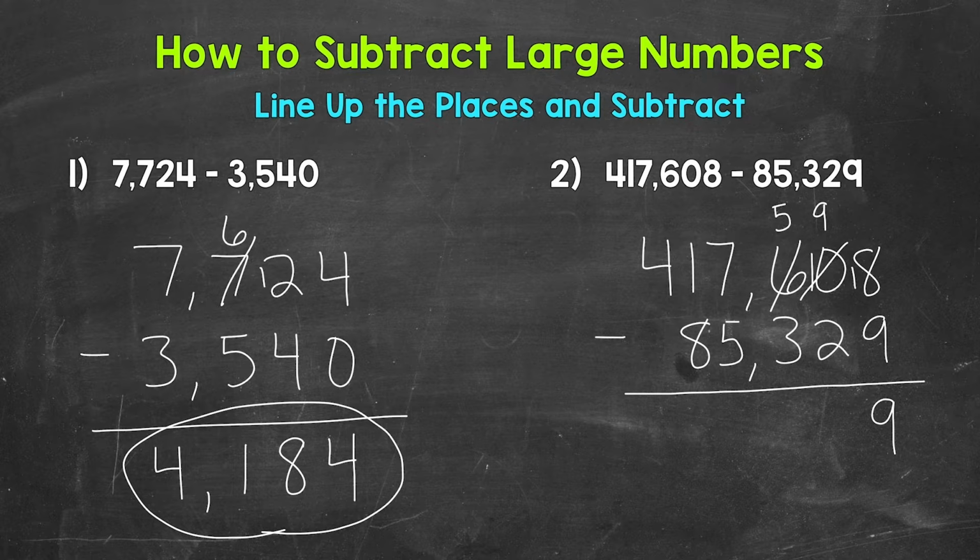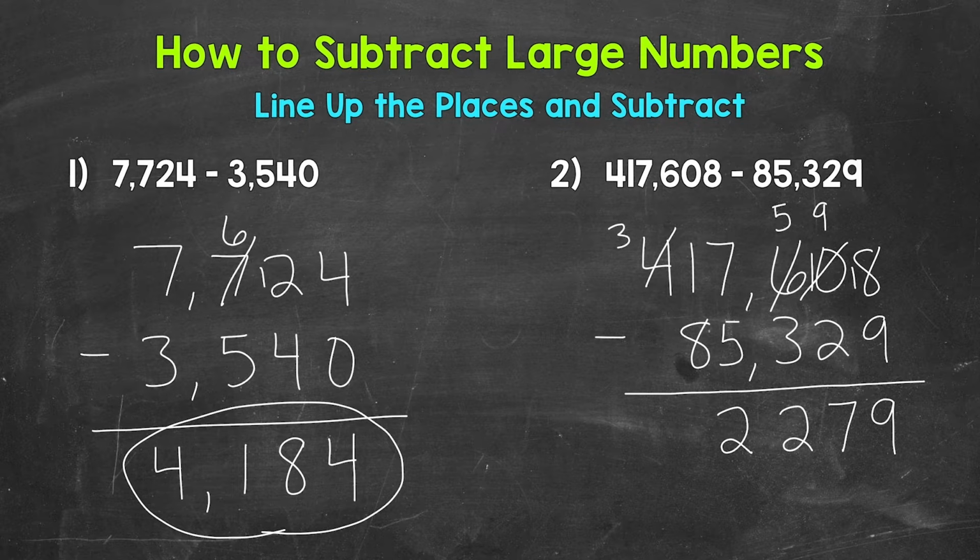Now we can work our way left. Next is the tens place. 9 minus 2 is 7. Now the hundreds place. 5 minus 3 is 2. Now the thousands place. 7 minus 5 is 2. And now the 10,000s place. We have 1 minus 8. We can't do that, so we need to borrow from the 100,000s place.